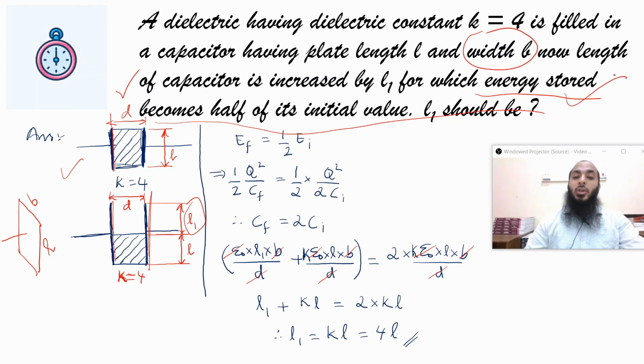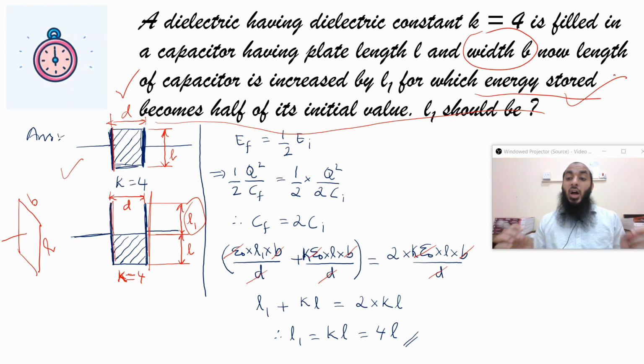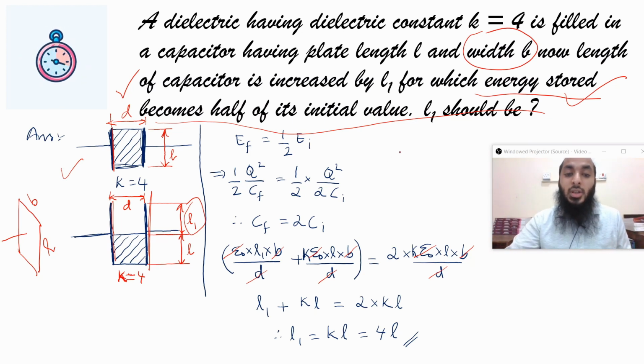Energy stored becomes halved. Energy stored in a capacitor is half Q square by C. And here it's not connected. It's not mentioned in the question, but we assume that it's not connected to any battery because they did not tell about any voltage. So we understand that the charge in the capacitor is not going to change. If it was connected to the battery, it would be different. The charge would change, and we would have to use the other equation, which is half CV square.